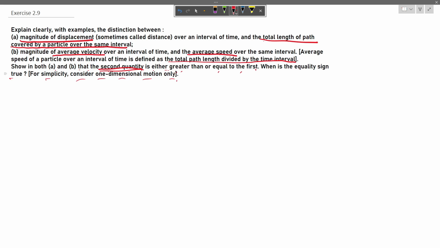So we need to consider one-dimensional motion, and we have to distinguish between the magnitude of displacement, sometimes called distance, and the total path covered by the particle. So let's have a coordinate system which describes the x and y coordinates of the path.